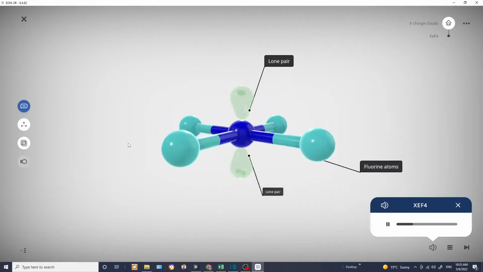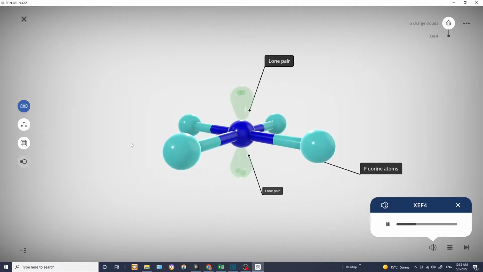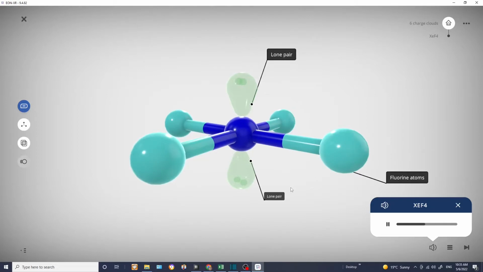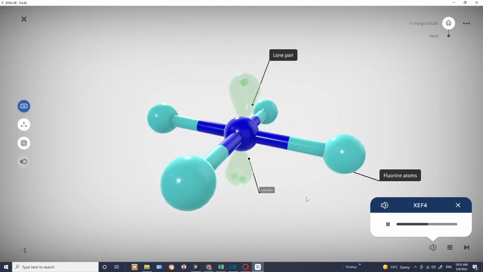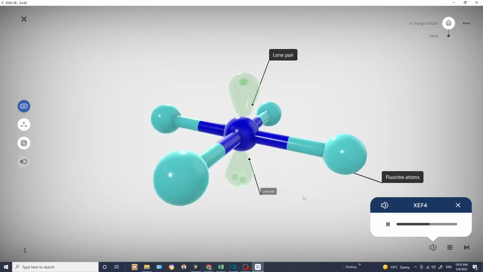The molecule has 6 charge clouds in total, 4 coming from the bonds between the xenon and the fluorines, and 2 coming from the lone pairs. So the electronic structure is octahedral and the molecular structure is square planar. Because of those lone pairs, the molecular structure is square planar.